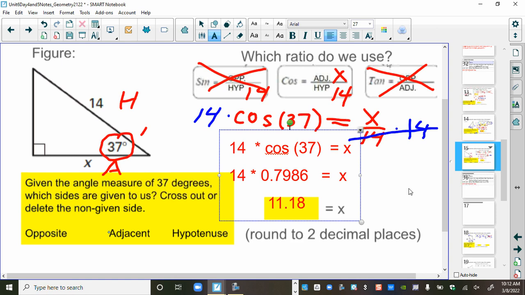Now, I know if you're using Desmos, I think they just give you straight that final answer, right? If you use Desmos. Well, all right, what about the calculator? Let's check. If you typed in 14 times cosine of 37, you get that?